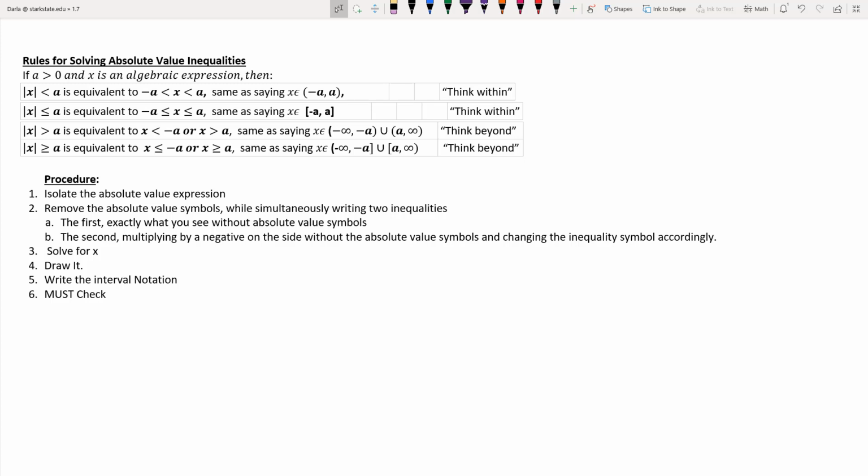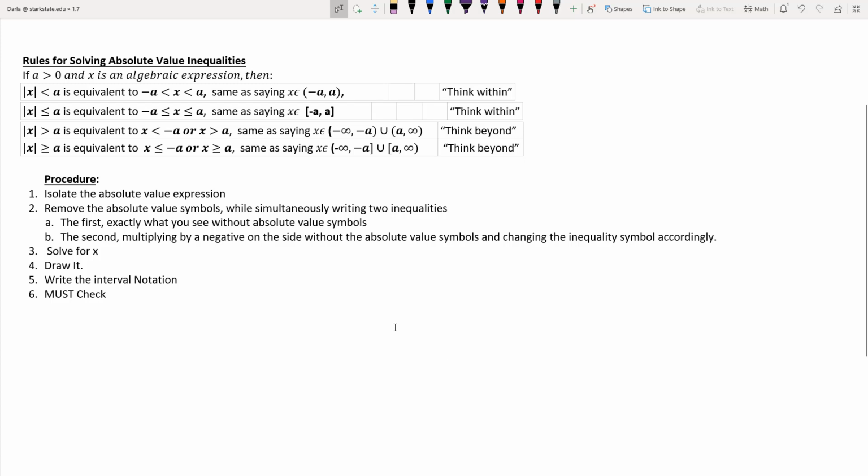So that's your distances beyond, kind of like the examples we just showed. And then the same thing for the absolute value of x is greater than or equal to a. The only difference in that case would be that your x could be equal to that a value. So it could be equal to the negative a and it could be equal to the a, hence the brackets. But those are your four different scenarios.